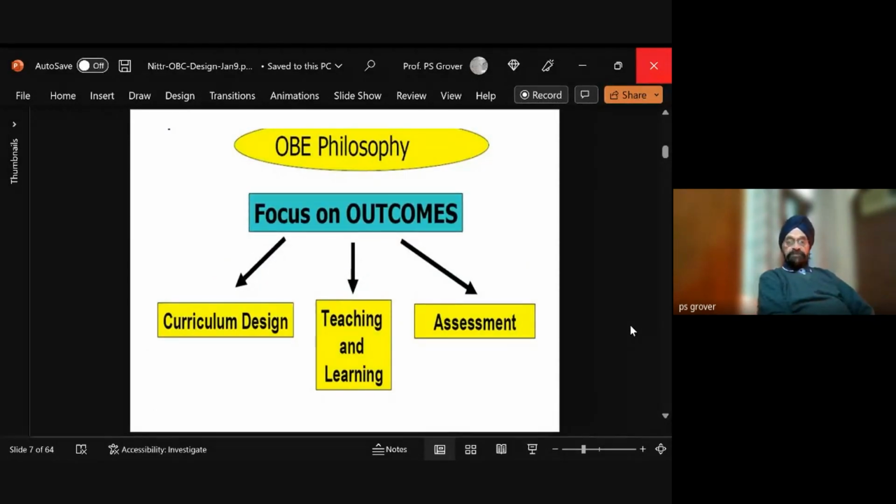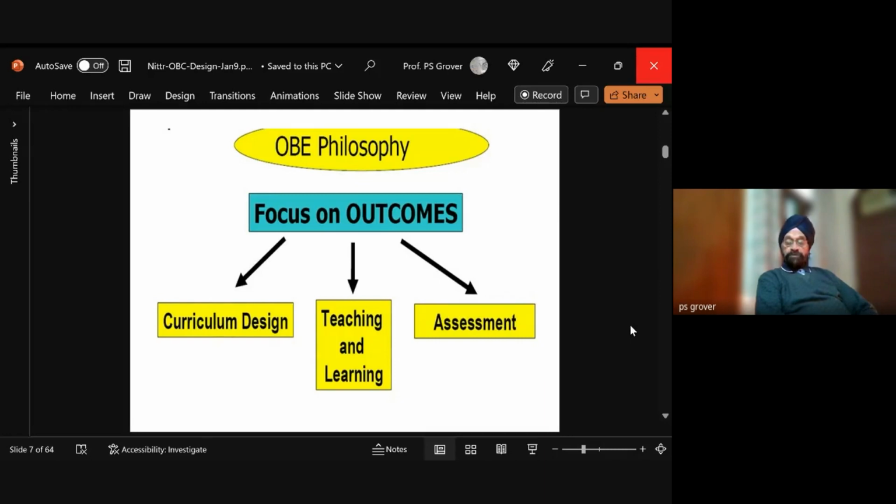Now, the basic philosophy of outcome-based education is that we need to focus on the learning outcomes of the student. Now, what are learning outcomes? Learning outcomes are not only that a student has scored 80%. Learning outcomes are that the student has gained knowledge and can demonstrate that, has gained skill and can demonstrate that, has developed certain behavior and can demonstrate that.